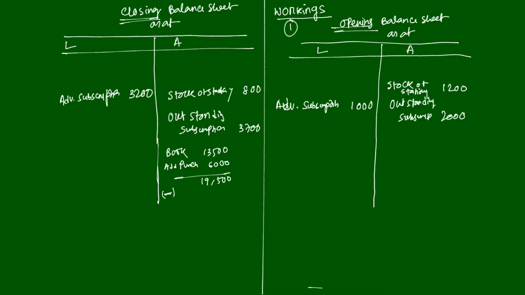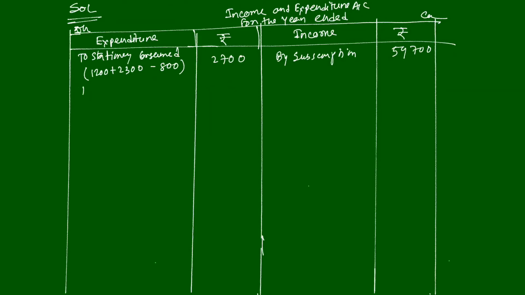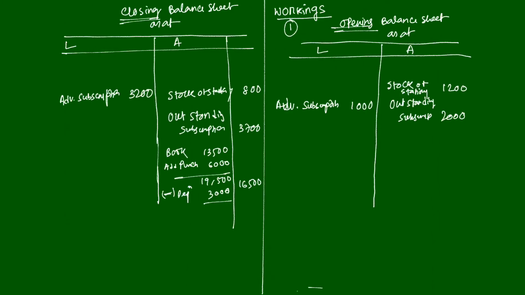We know in our outer column we have to write 16,500. So obviously less depreciation. What is the value? 3,000. You have to write that 3,000 here. That's why that 3,000 is in your depreciation, and we know the depreciation comes in this side, 3,000 depreciation on book.